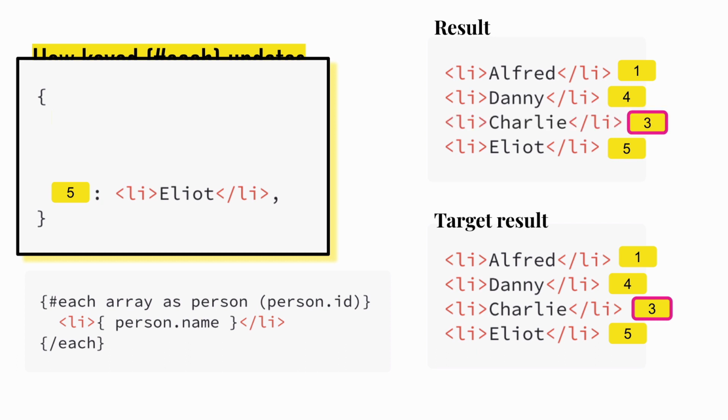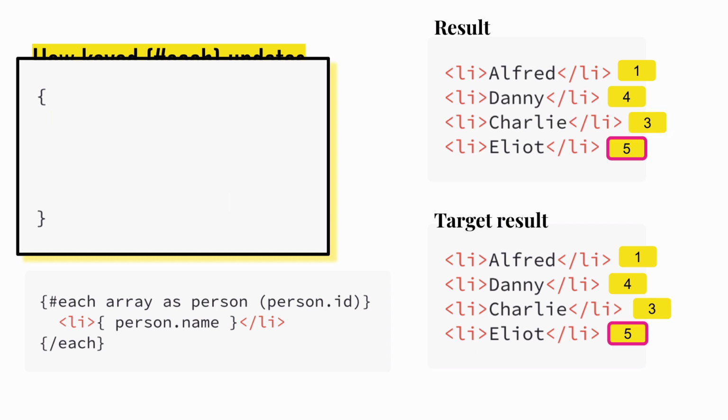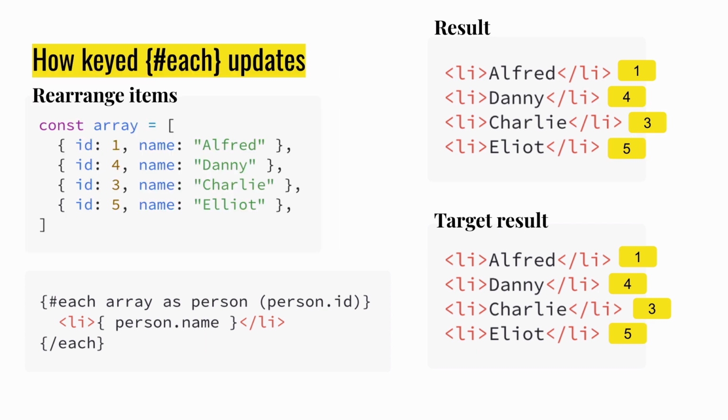Right, we insert that in, and since we inserted it, then we are good, and we'll move on to the next one. Right, so we look at the target. We have key number 5. Let's look at the DOM right now. Also key 5. So it's the same. And that's all the elements we have already. We already went through the target results, all the keys are there, and we call it a day. So that we have it.